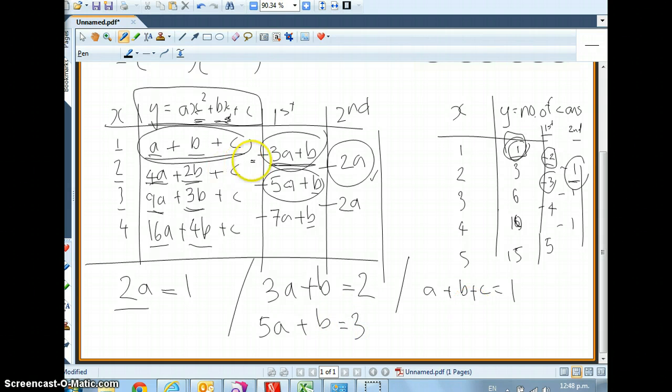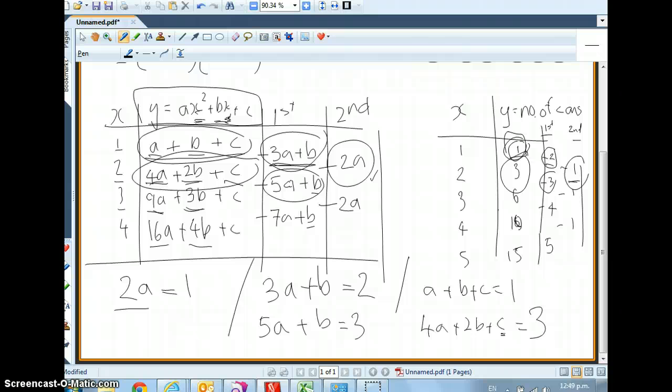And you could equally do 4a plus 2b plus c should equal 3. I'm just paralleling the algebraic terms to my actual equation or actual pattern.